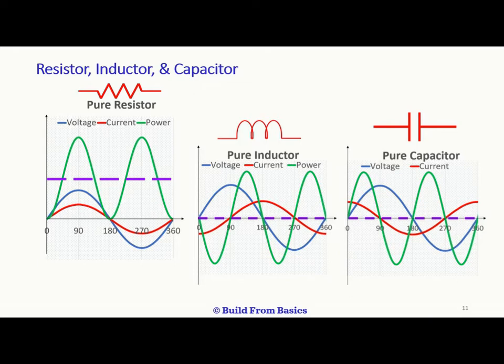A capacitor also has some resistance. On top of that, in a power system, loads are always a mix of resistive, inductive and capacitive loads. So you can't find any pure resistor, inductor or capacitor in real life.